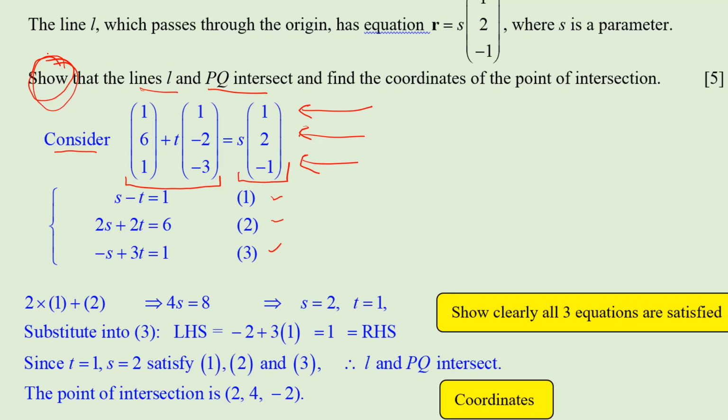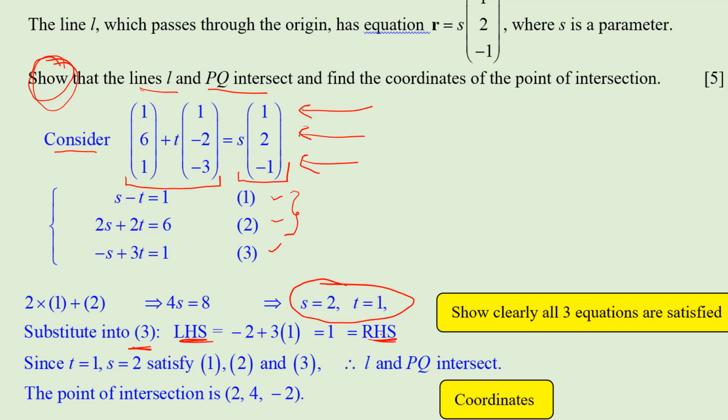For tutorial purposes, we are using equations 1 and 2 to solve. Solving equations 1 and 2, I get s equals 2 and t equals 1. I need to substitute these two values into equation 3. Check the left hand side and check the right hand side.